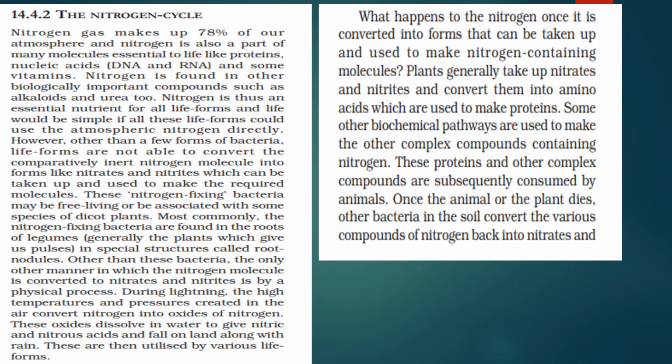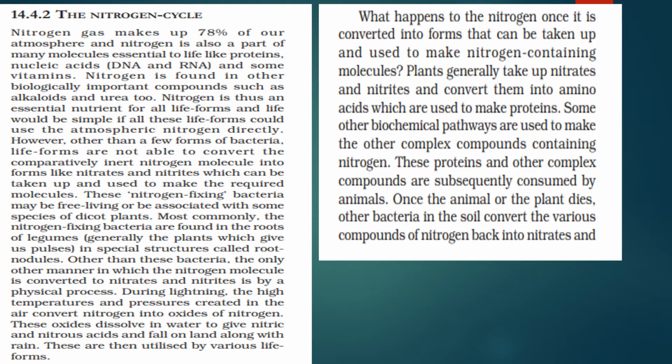So let's discuss this. The atmospheric nitrogen cannot be taken directly by organisms like plants. Some bacteria are present on the roots of some leguminous plants. They are rhizobium bacteria.